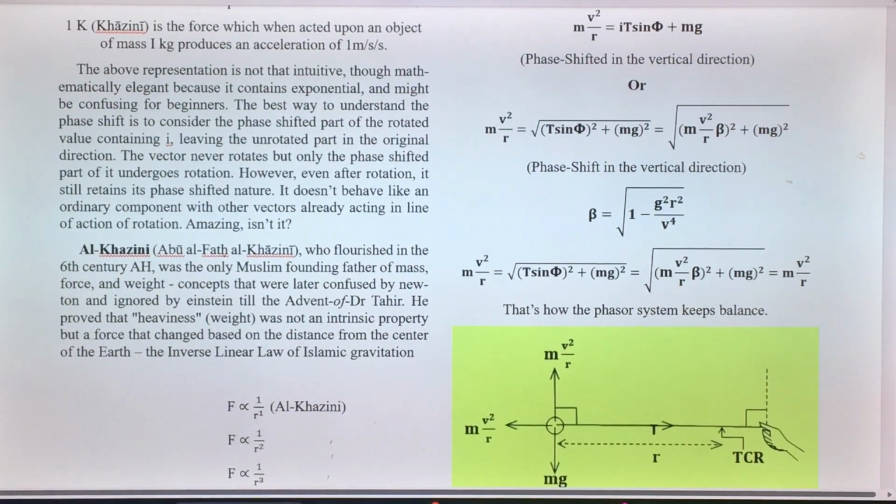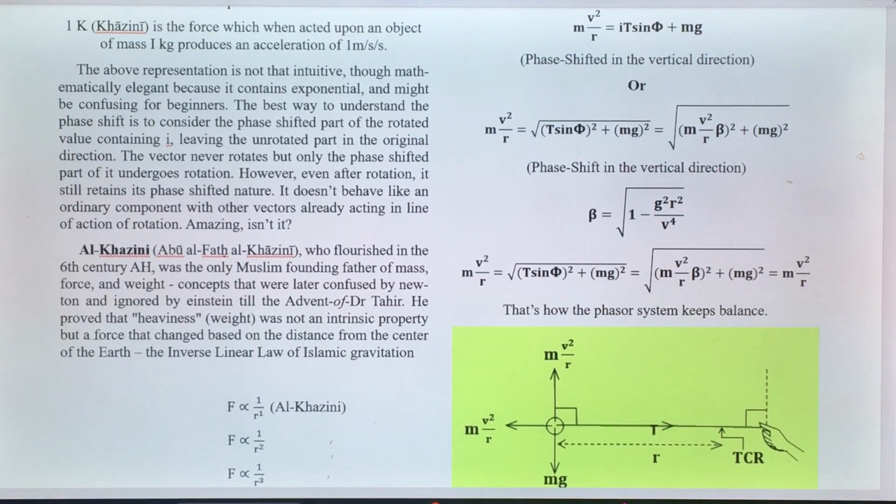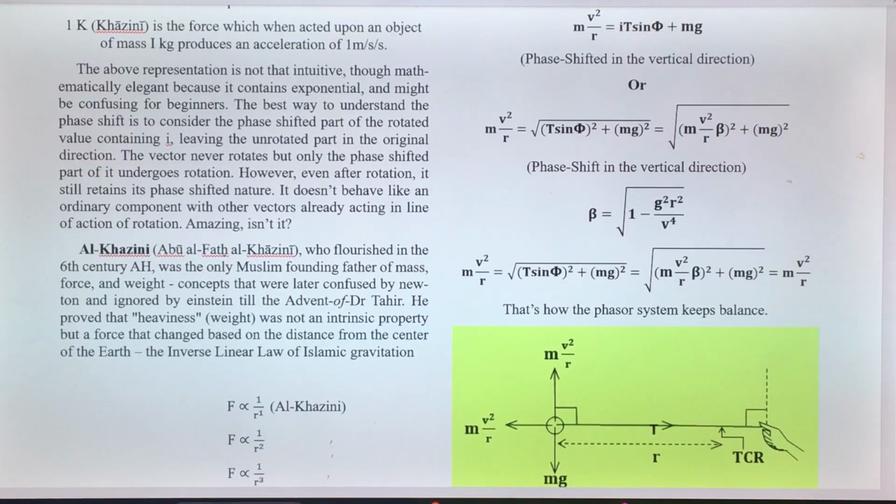Al-Khazini, Abul Fatah al-Khazini, who flourished in the 6th century AH, was the only Muslim founding father of mass, force and weight, concepts that were later confused by Newton and ignored by Einstein till the advent of Dr. Tahir. He proved that heaviness, weight, was not an intrinsic property but a force that changed based on the distance from the center of the earth, the inverse linear law of Islamic gravitation.